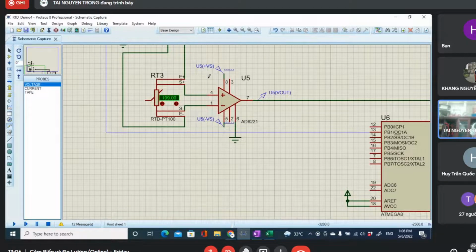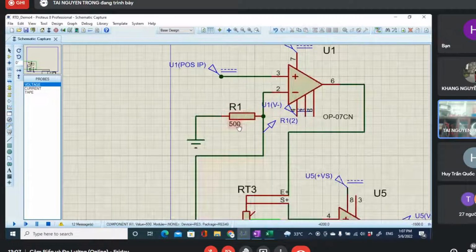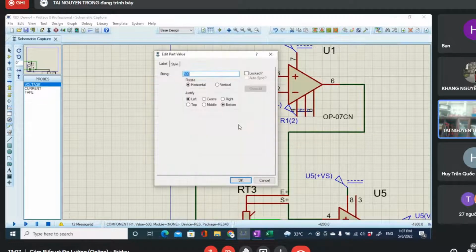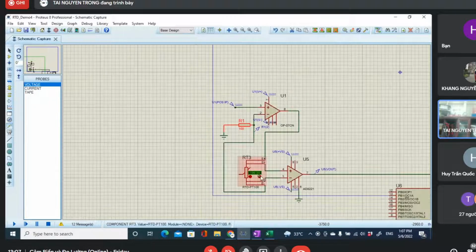And how can we increase it? The first one, we can take this one, more sensitive. I will take it to high time. This one means 100 ohm, and in this case, the current is 10 milliampere. It's a little high, but no problem.